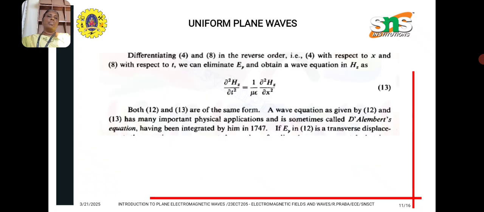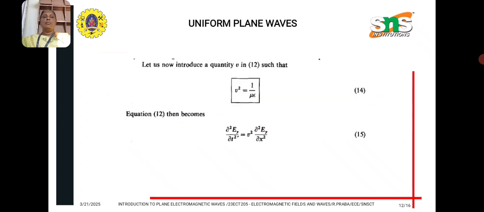Another equation we get in terms of the magnetic field is ∂²Hz/∂t² equal to 1 by mu epsilon ∂²Hz/∂x². Equations 12 and 13, both second order partial differential equations, are called the wave equations for the plane electromagnetic wave, and they are also called D'Alembert's equations.